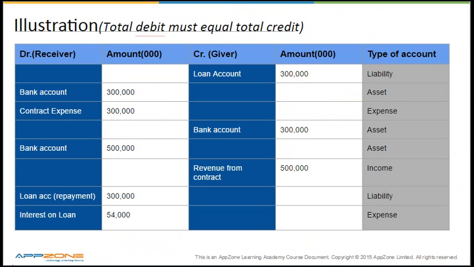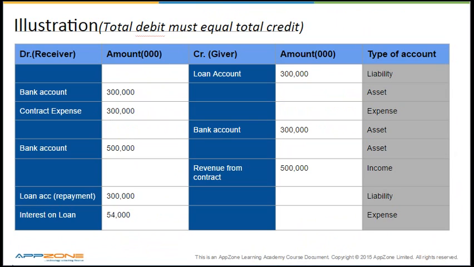So ZoneTech took this loan. On our books, we will have to record that they went to the bank and the bank gave ZoneTech a loan of 300,000. Now when ZoneTech comes back home and records this in their books, remember, we said debit the receiver and credit the giver. Who gave to ZoneTech? The bank.